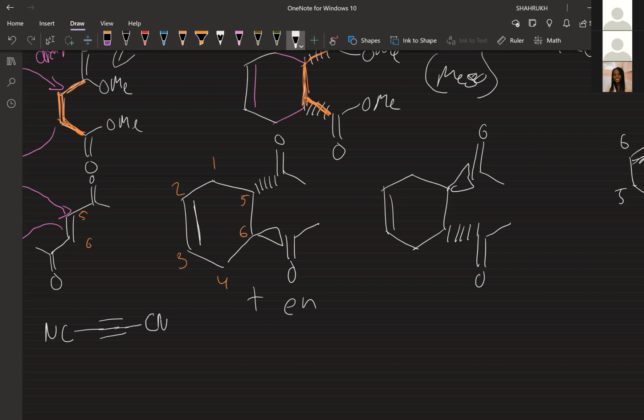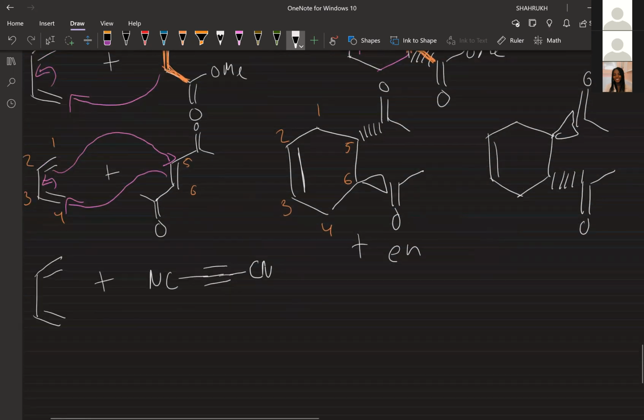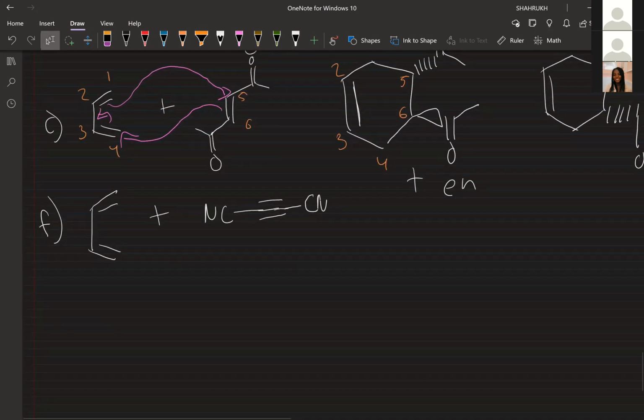And when it's also unsymmetrical, you'll also have an enantiomer. As far as I can think, I can't really think of any cases where that wouldn't be the case, because the groups would be on different sides. Okay, last one.